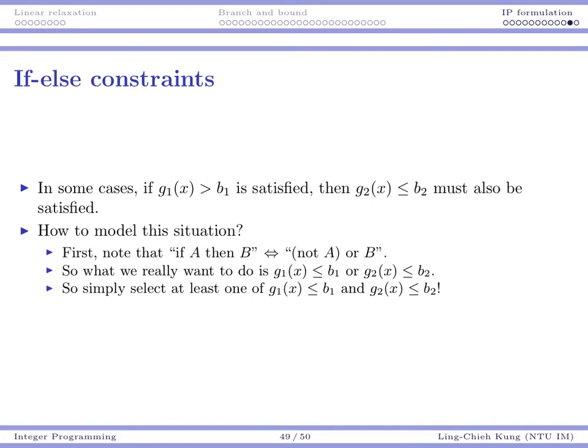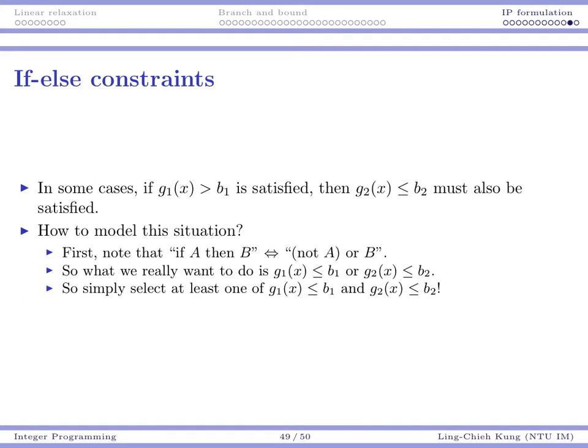Sometimes we say that if some inequality is satisfied, then we have this, okay? Satisfy this constraint when this is satisfied. To model this, again, it's very simple. If A then B is just not A or B, a simple logic expression.